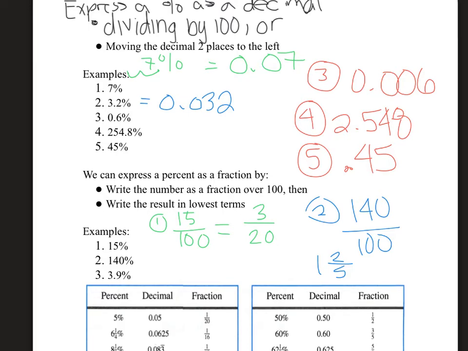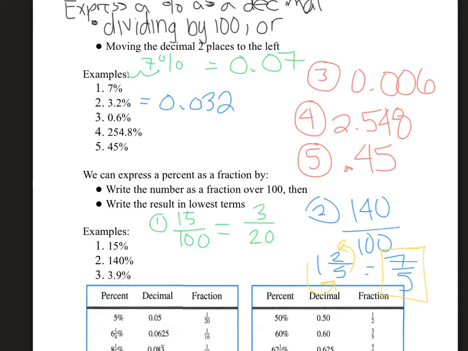But we are not going to write a fraction like this when we are talking about percentages, so you need to change this to an improper fraction, and you can do that by hitting second ABC, enter, and it will switch it to 7/5 for you. The other way to do it is just to do it by hand. 1 times 5 is 5, plus 2 is 7. That becomes your numerator, and the denominator stays the same, 7/5.